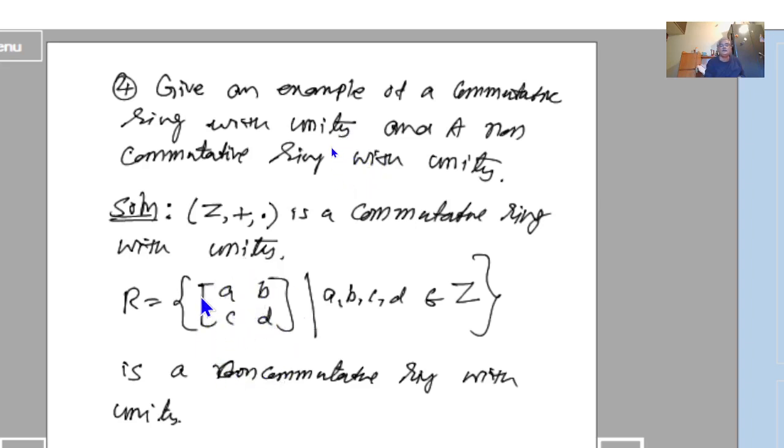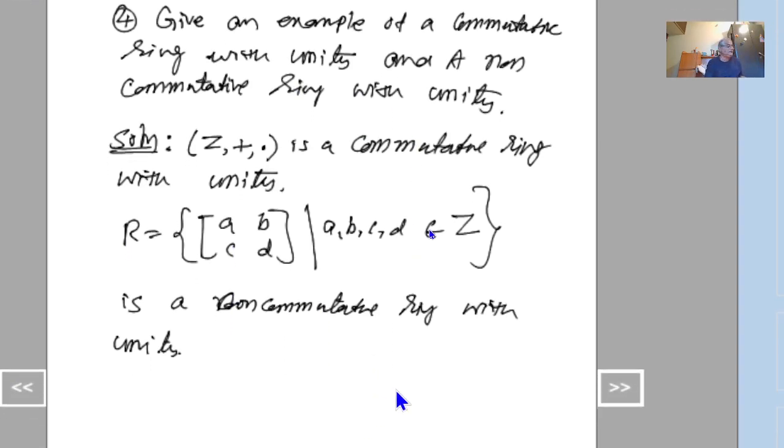The unit matrix, that is the unity, belongs to R. So this is an example of a non-commutative ring with unity.